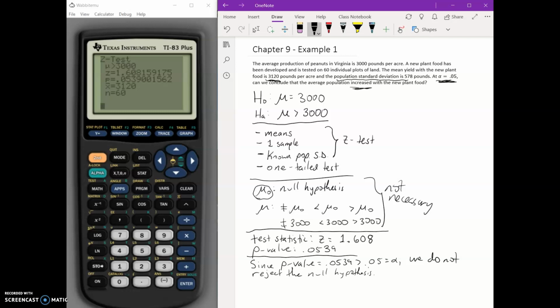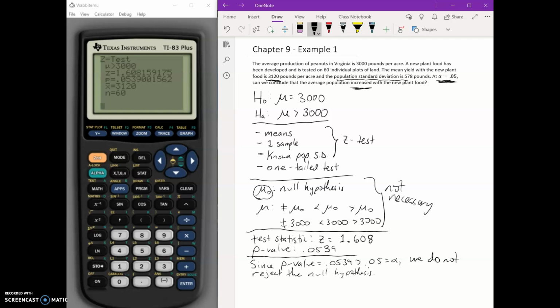Now, we have this claim, and that's useful, but what does it really mean that we do not reject the null hypothesis? Remember, we're not saying that we accept the null hypothesis, right? We're not saying that I fully believe that the population is 3,000.